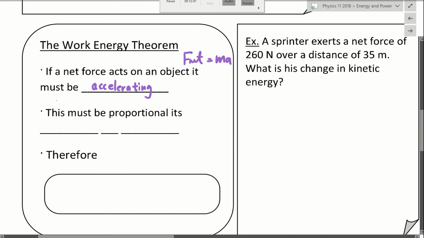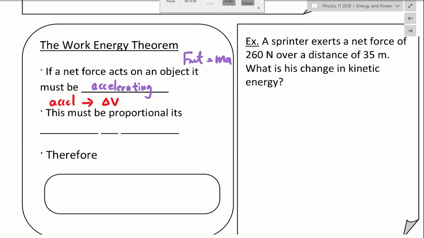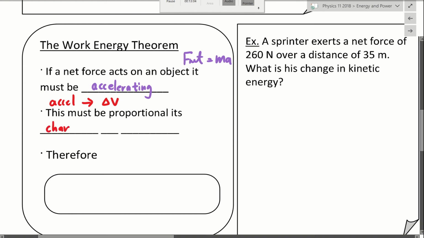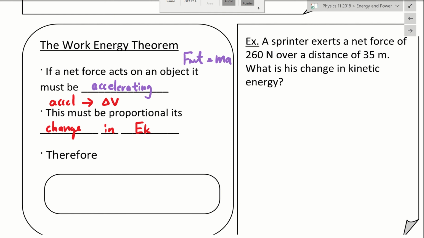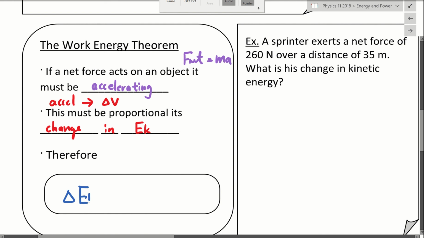Now, acceleration gives you a change in speed, right? So if you're accelerating, that means you're going faster. You have a change in speed, but this must be proportional to the change in energy, so the change in your kinetic energy.